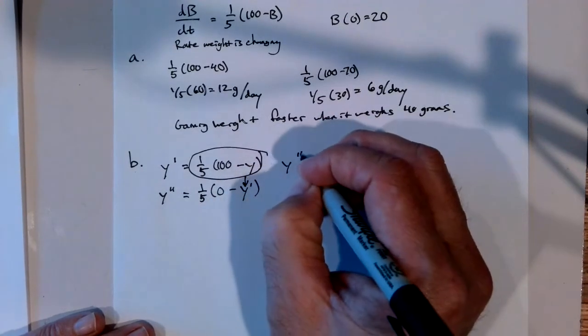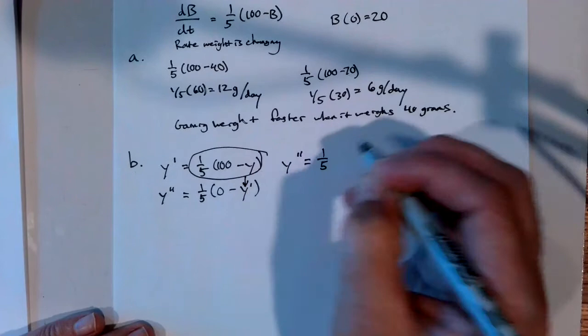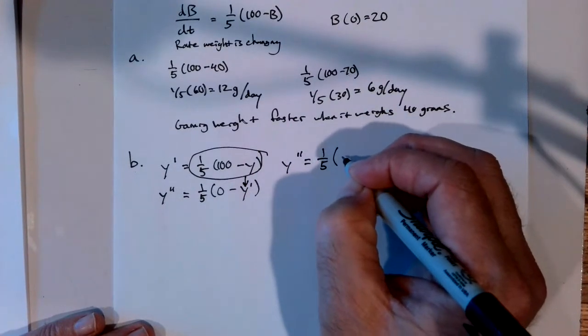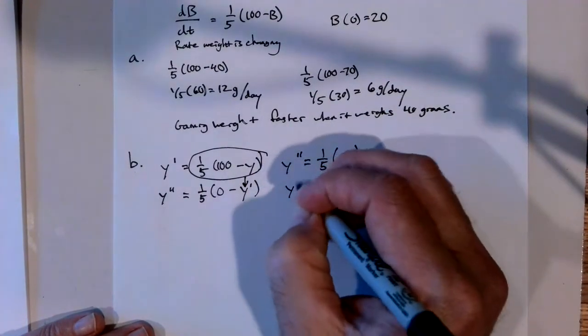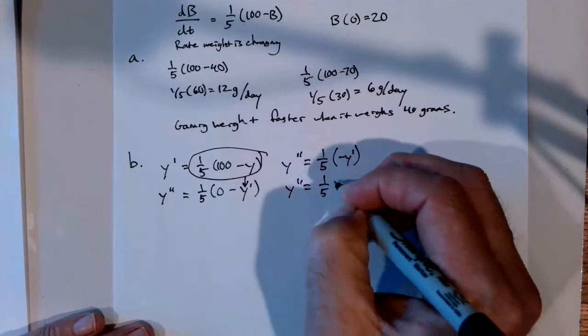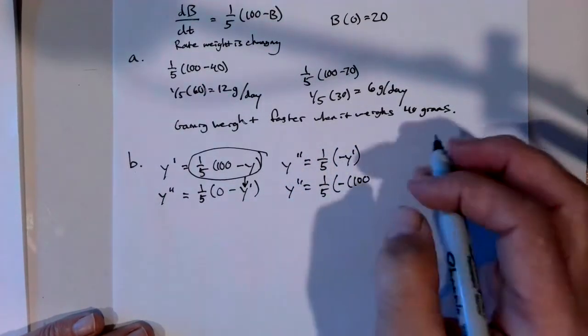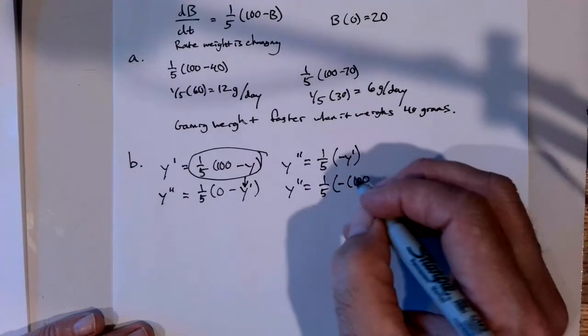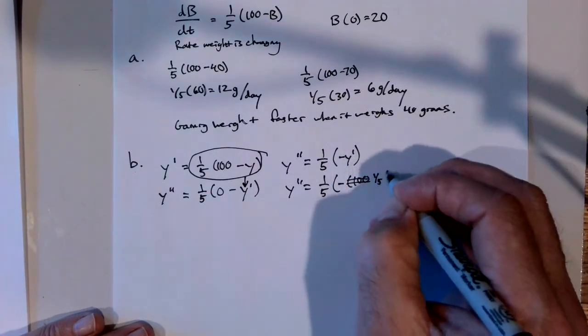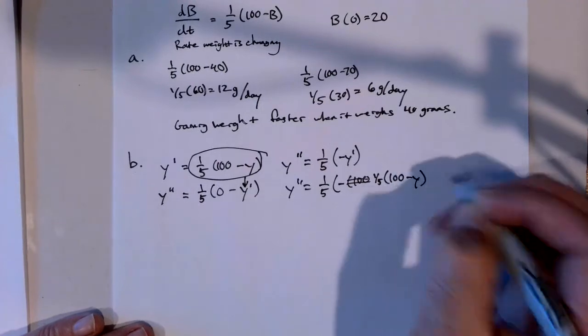So y double prime is equal to 1 over 5 times negative y prime, or y double prime is equal to 1/5 times negative, I'm sorry, 1/5 times 100 minus y.